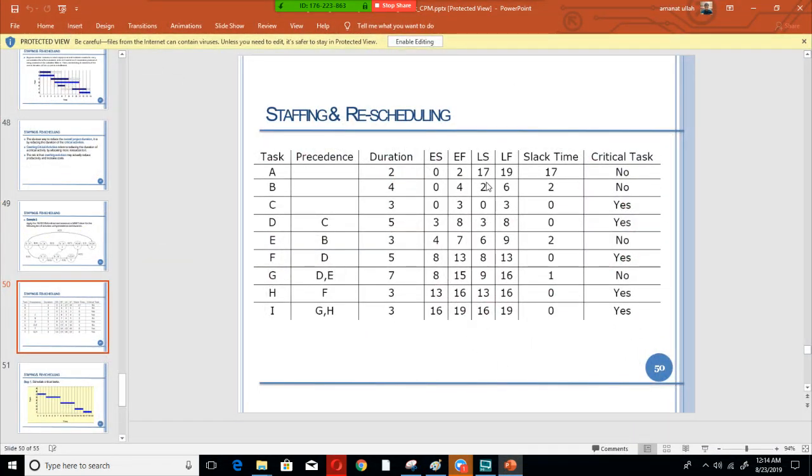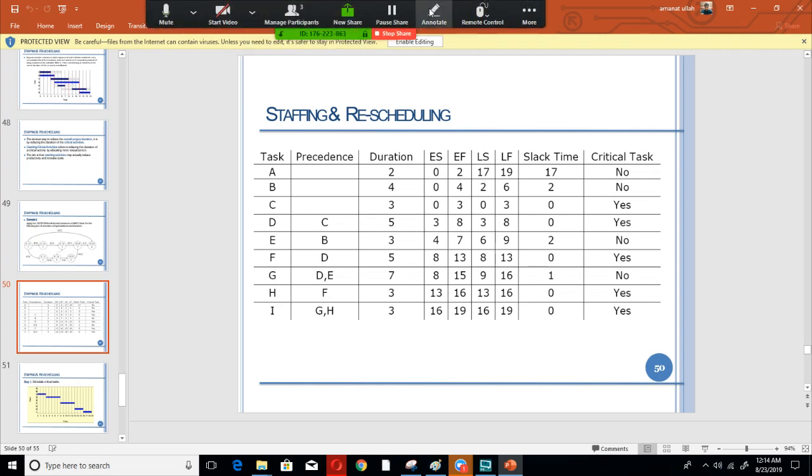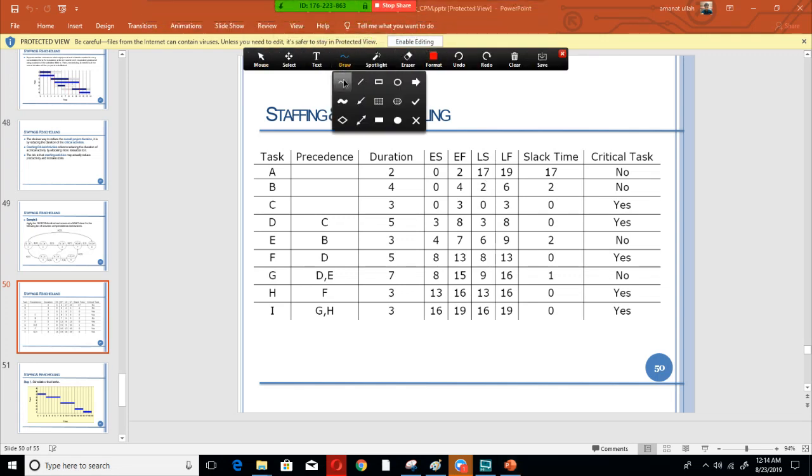Now for finding the slack time, let me annotate it here. What we have to do is subtract these two values. So 19 minus 2 it will be 17, or we can also subtract these two values. Either way the result will be the same. 17 minus 0 it will be 17 as well.